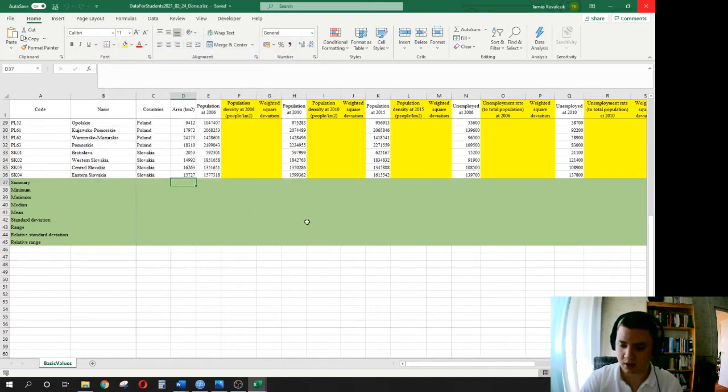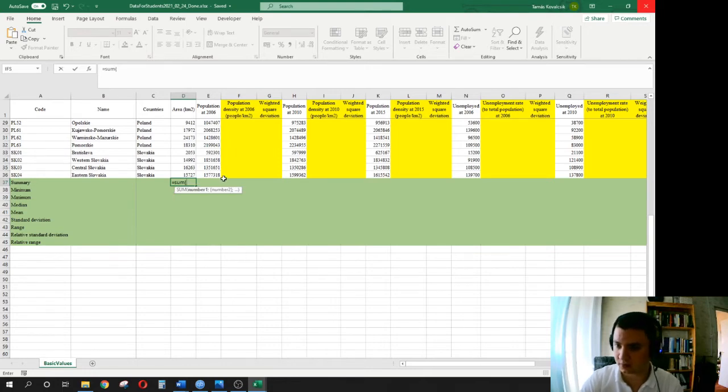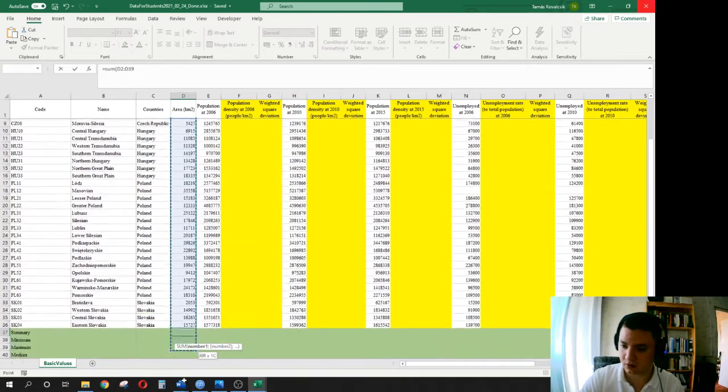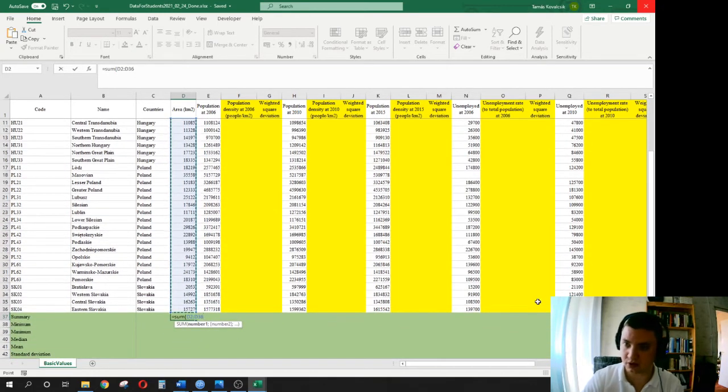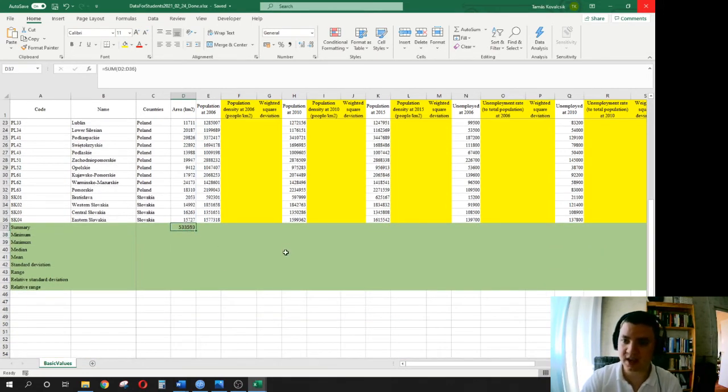So equal sign and SUM and bracket and the area, and enter. And we have the square kilometer number for the whole observational area.